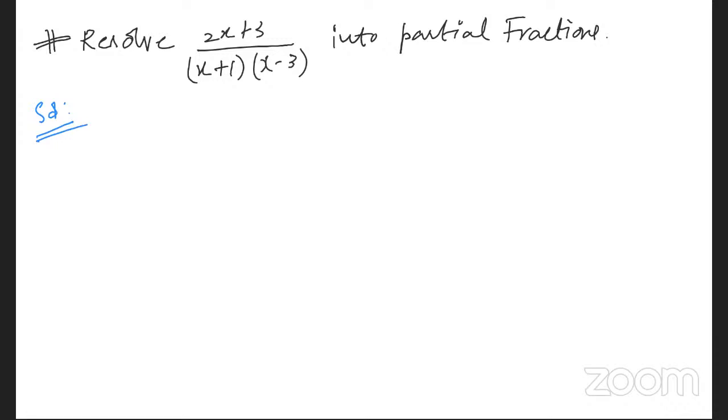What is the first thing you're going to do? Check whether this is a proper rational fraction or not. An important note is that whenever you are resolving a rational fraction into partial fractions, you have to check whether it is a proper rational fraction or not. If it is improper, you have to reduce it to a proper rational fraction. Improper rational fractions we'll see in the next class. First, we'll try to simplify this.